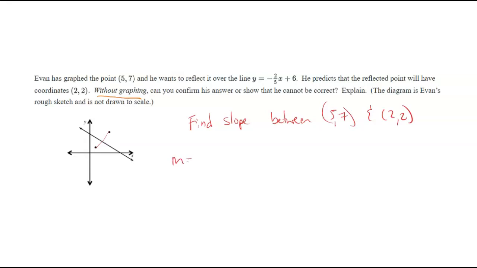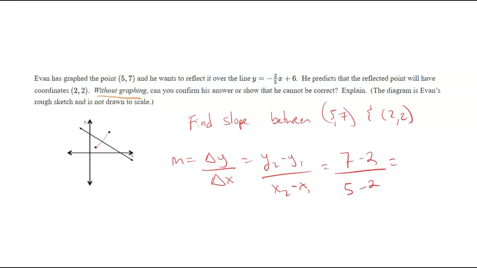Remember your slope formula, change in y over change in x, which is y2 minus y1 over x2 minus x1. So this gives me 7 minus 2, and then 5 minus 2. 7 minus 2 is 5. 5 minus 2 gives me 3.